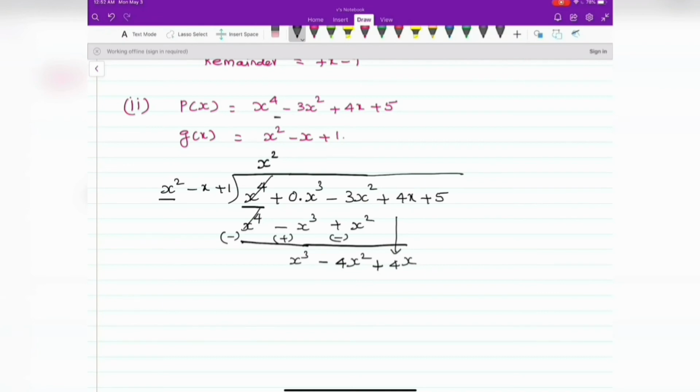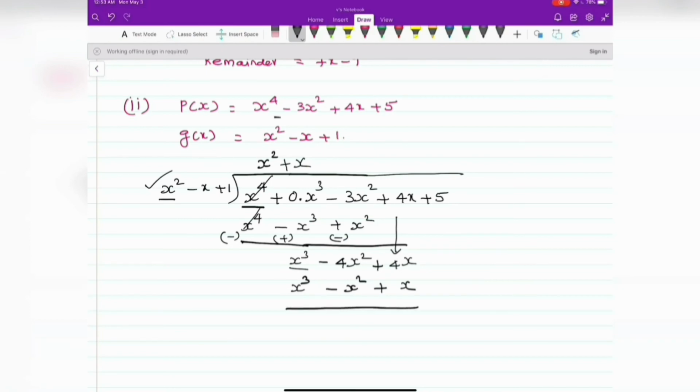Okay. Now I need x cube. But I am having here x square. So let me multiply this x square by x to get this x cube. Okay. Then minus x into x will give me minus x square. Then plus 1 into x will give me plus x.